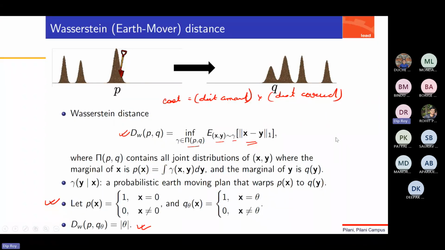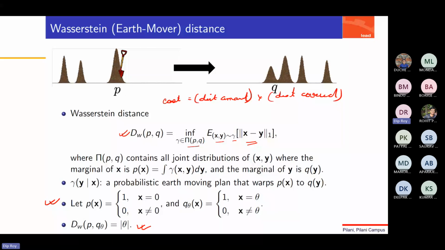Last time we ended the GAN class with the Wasserstein or Earth mover distance. The reason why we wanted to go with this kind of distance is because there was an inherent problem with the f-divergences, be it the KL or the Jensen-Shannon or whatever it is.